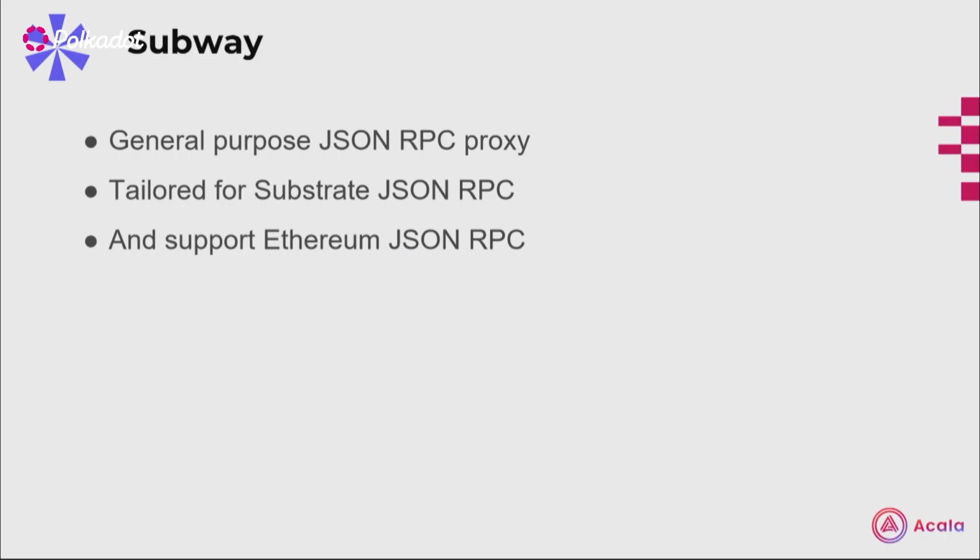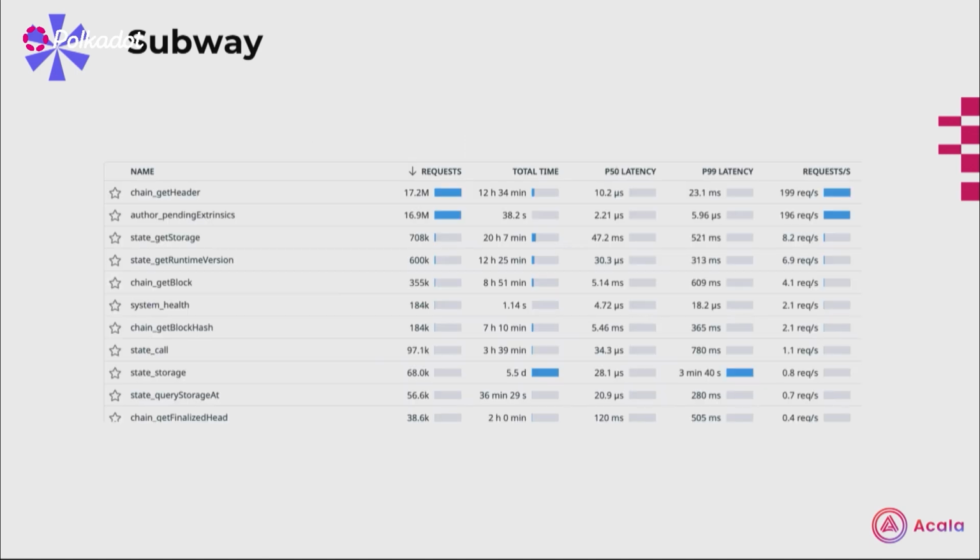I'm talking quickly because I don't have a lot of time. So this is meant to be a general purpose JSON RPC proxy. But of course, it's built for Substrate. But while we're at it, we can also support Ethereum RPCs. So it works for Acala RPC as well as Acala EVM+ RPC and the normal Ethereum RPCs.